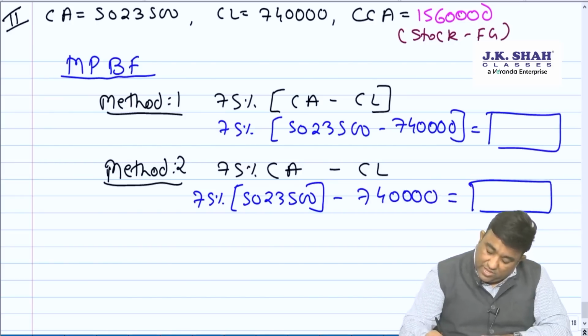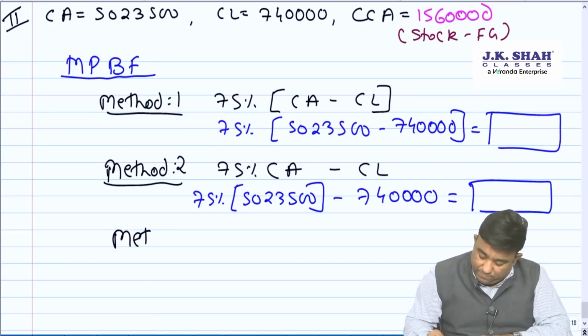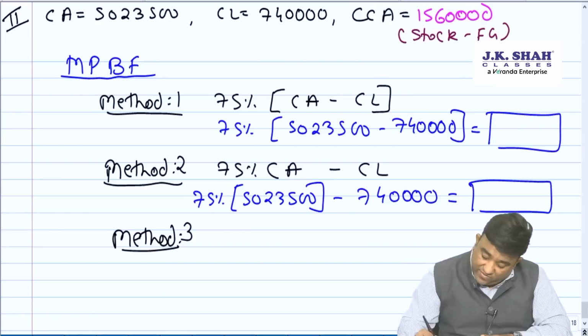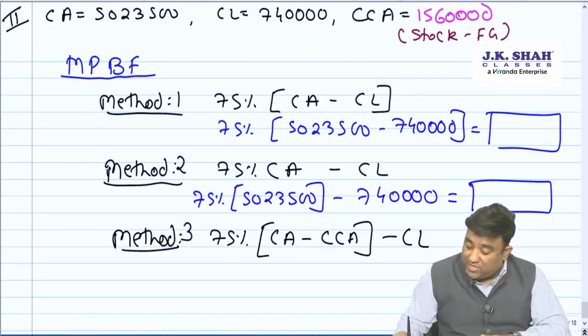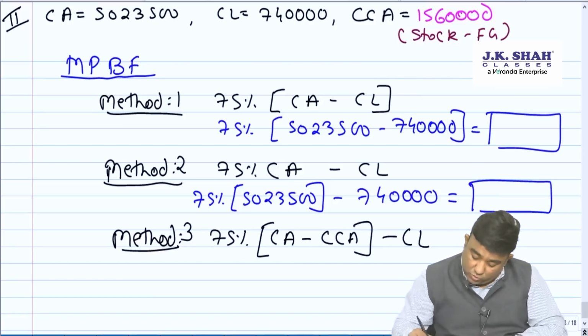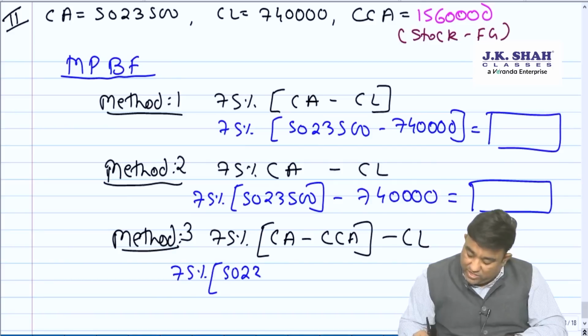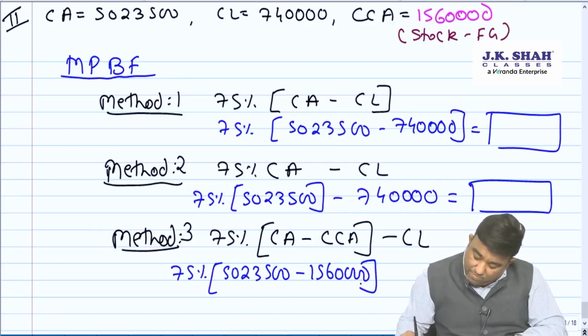And thereafter method 3 is, if you remember student, 75% of current asset minus core current asset, minus CL. So student, that is 75% of 50 lakh 23,500 minus 15 lakh 60,000 minus 7 lakh 40,000.